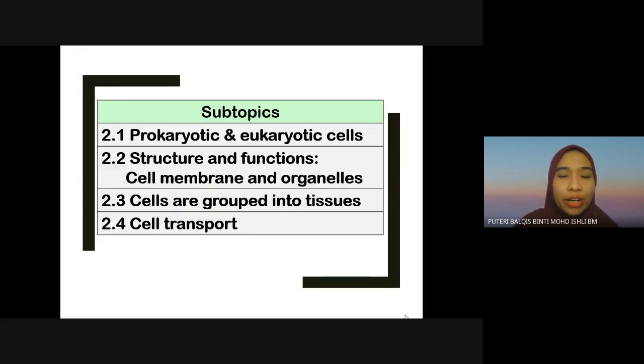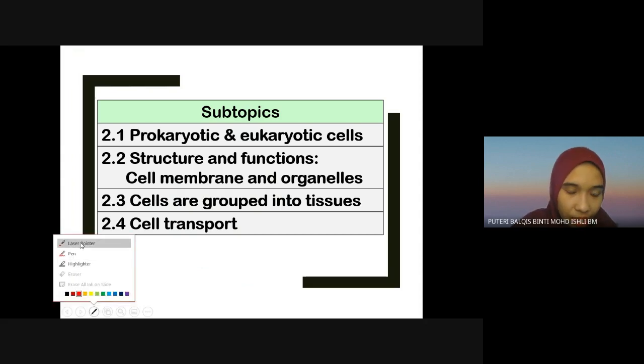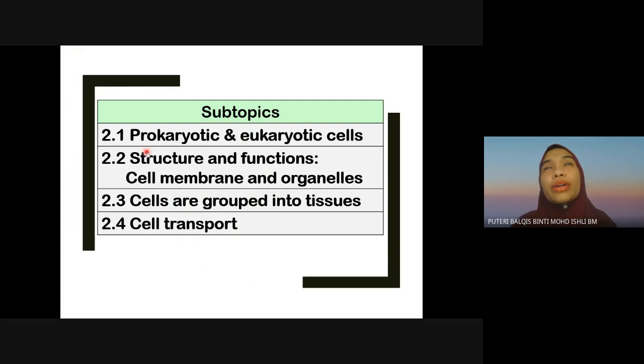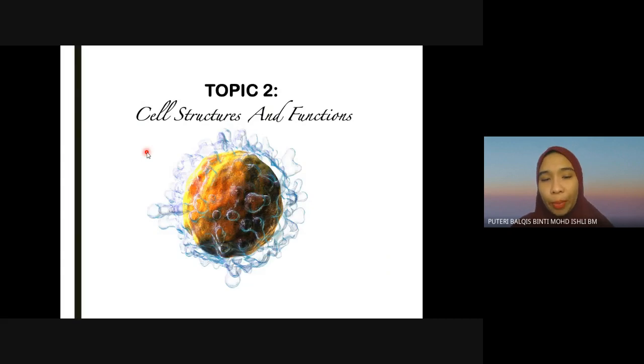Okay, prokaryotics, and these are the subtopics that we going to discuss. I already explained about table 4 in MPPB in introduction week. Last week I already explained the table 4. If you see table 4, you must spend 32 hours in learning this topic, cells, structures and function.